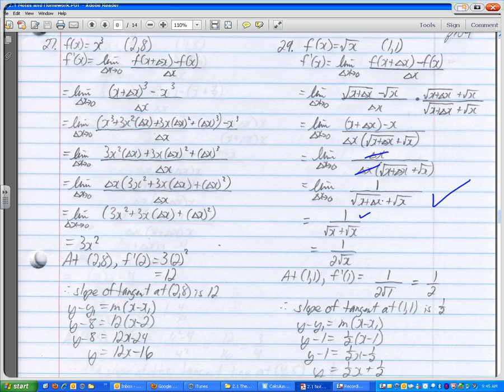Replace delta x with 0. So I'll get just the square root of x. That's going to stay square root of x. All right? Now, the square root of x plus the square root of x is not the square root of x squared. It's 2 times the square root of x. So this is our derivative.